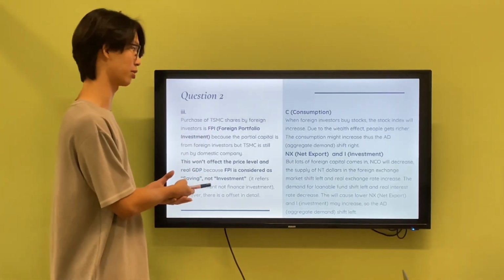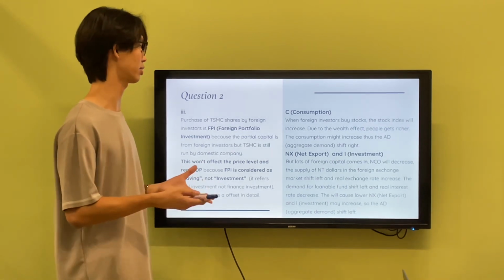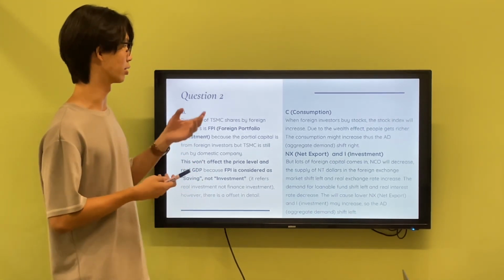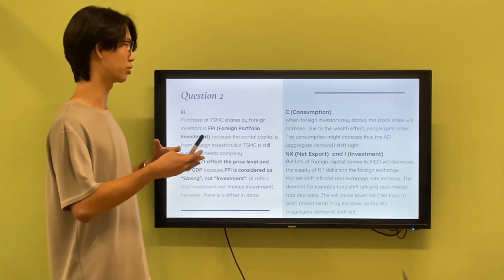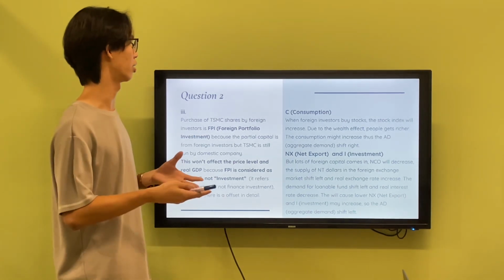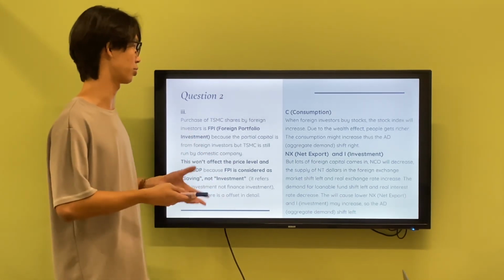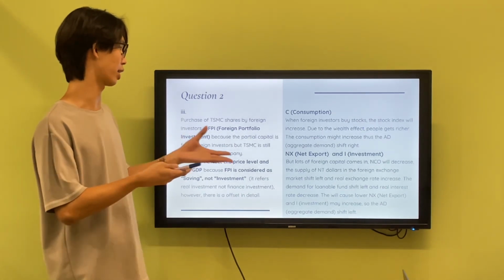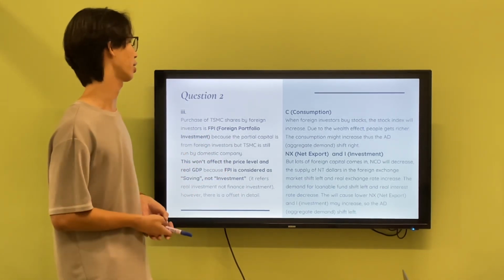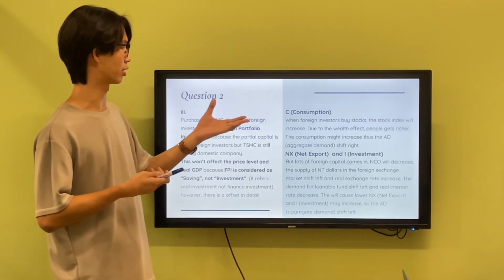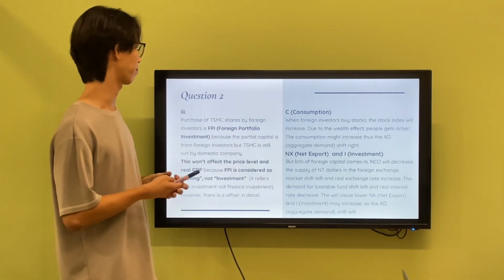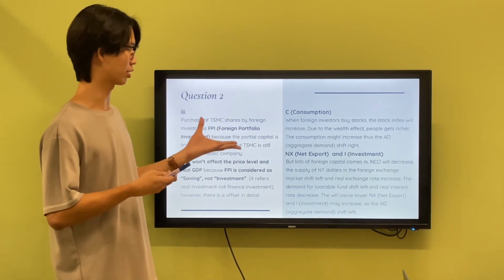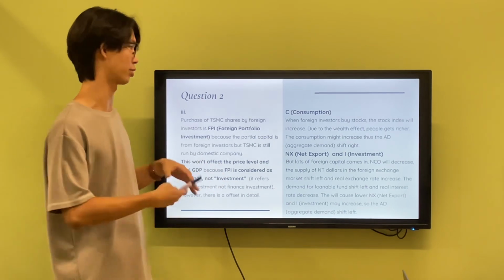When foreign investors buy TSMC stocks, the stock index will increase due to a wealth effect. People get richer, so consumption might increase, thus the AD, aggregate demand, will shift right. And the net exports and investment, I will use the diagram to explain this.